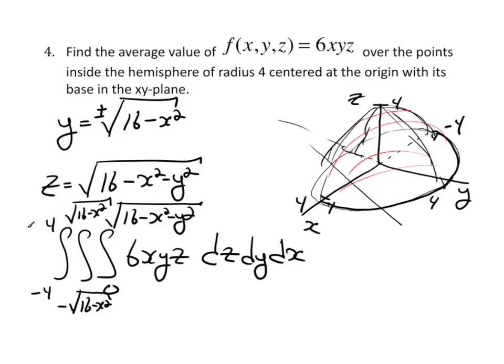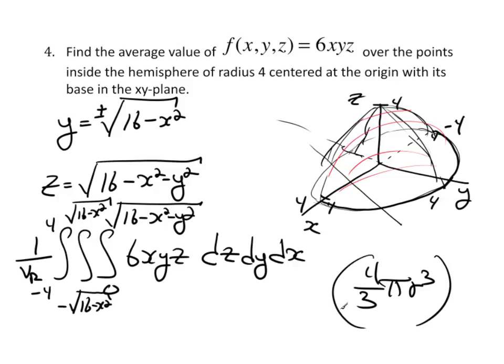Now, it wants the average value of this. So remember, the average value is this multiplied by 1 over the volume of the region. The volume of a sphere is 4/3 pi r cubed. But I have half a sphere, so I multiply by 1/2, which means that's 2/3 pi r cubed.